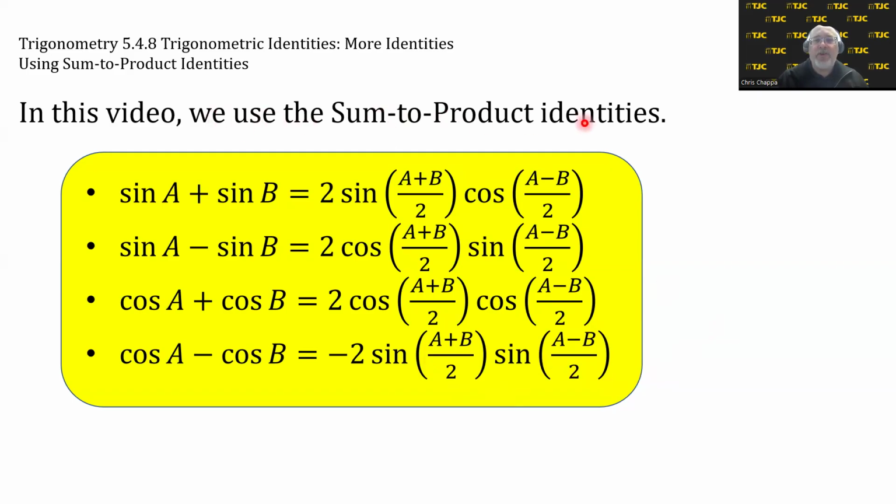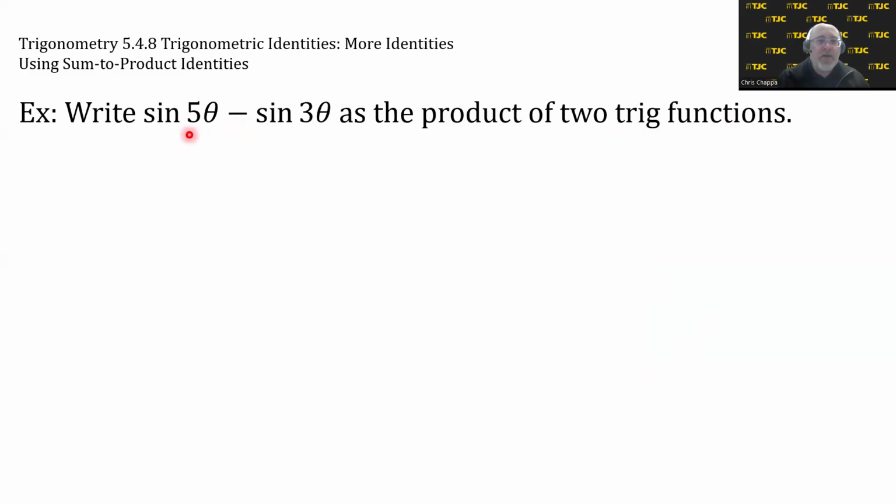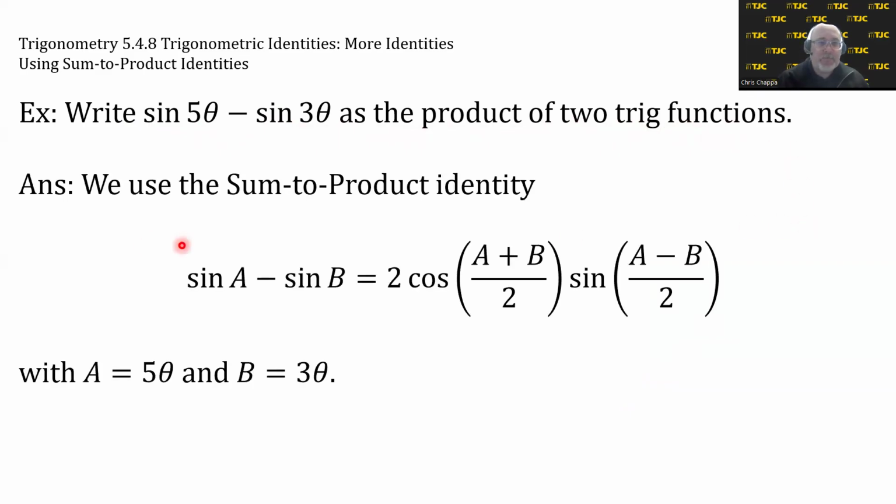In this video, we use the sum to product identities. For example, write sine of 5 theta minus sine of 3 theta as the product of two trig functions. Well, we need a sum to product identity. And I should clarify that when I say sum, that includes subtraction, because subtracting is simply adding a negative, so it is a sum.